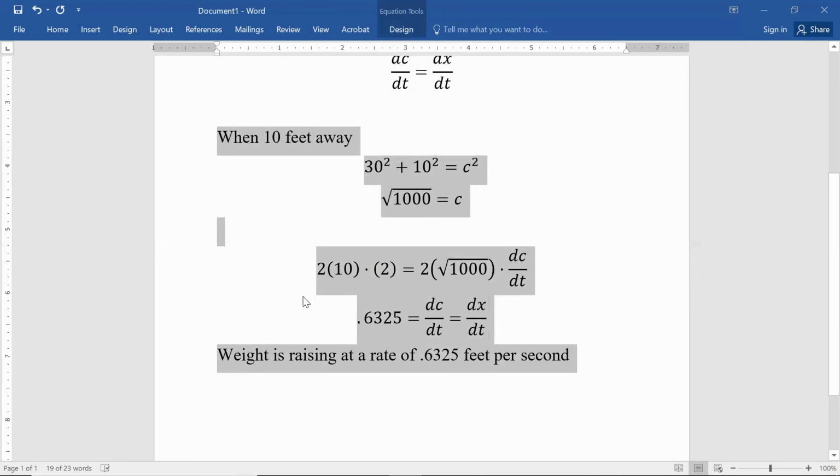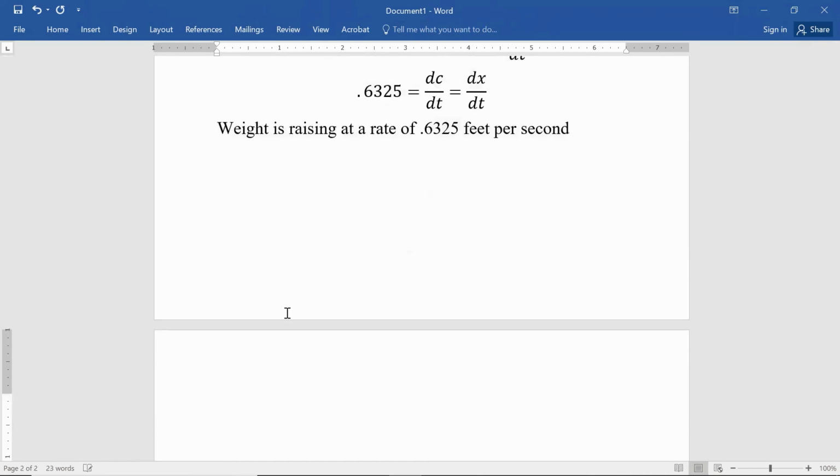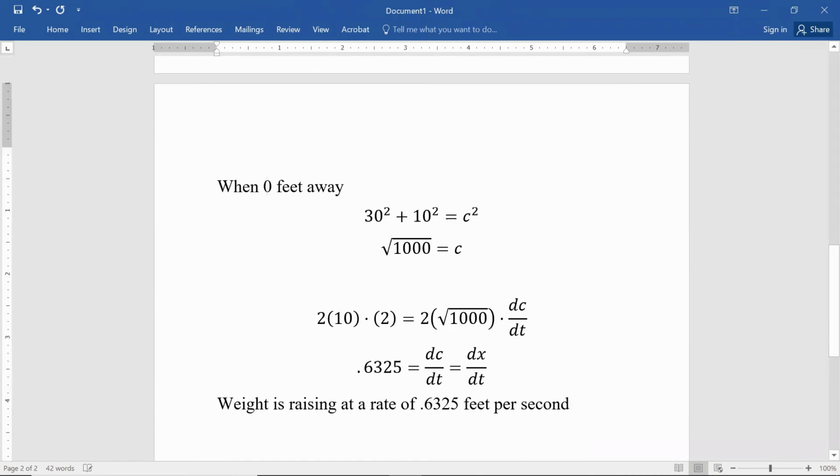Let's go ahead and do the same thing if this person who's holding the rope is 40 feet away. If the person who's holding the rope is 40 feet away, then all these numbers change. 30 squared plus 40 squared is 2,500.